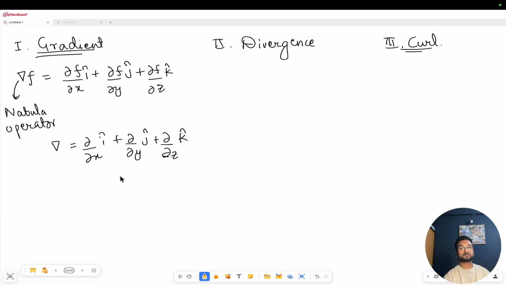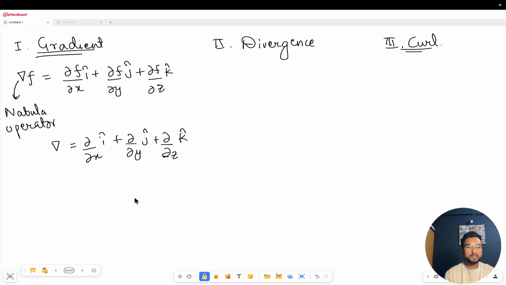So this is the value of your nabla operator, which is known as gradient also. I hope you all have studied this part before also, so there will not be any major issue in it.